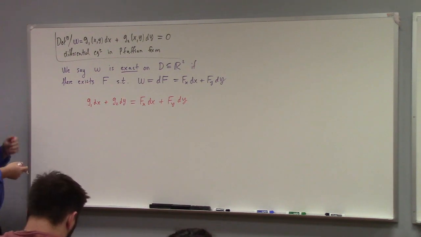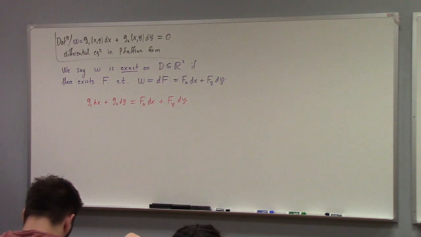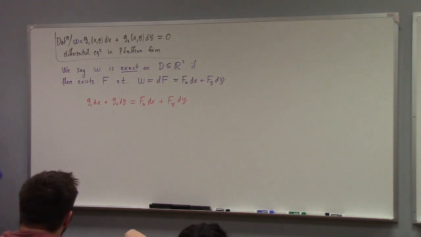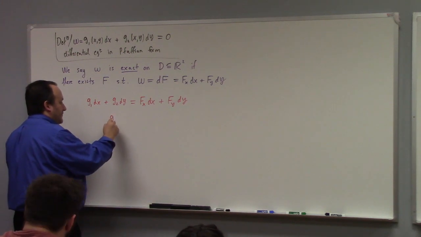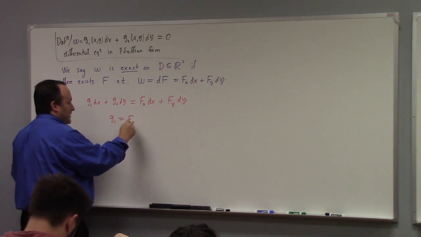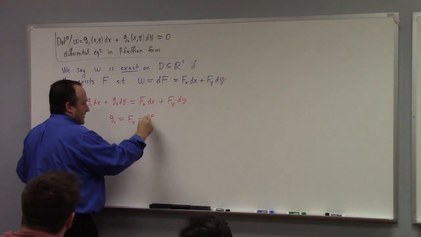The rules of working with these kinds of things are basically just like polynomials. The dx and the dy are independent, all right? So in order for this to hold, we need 2 equations, right? On the one hand, g1 has to equal fx, which is my notation for partial f partial x.